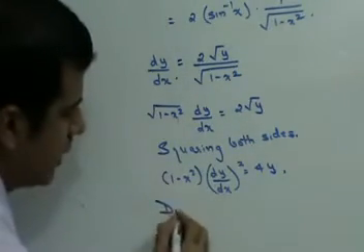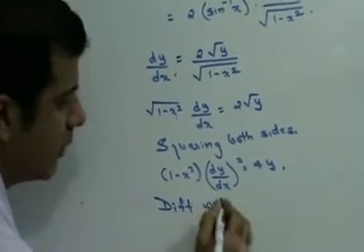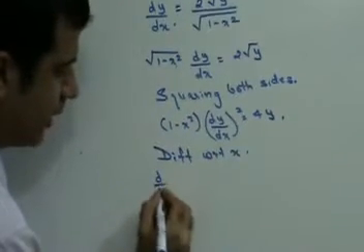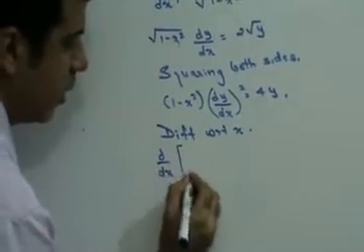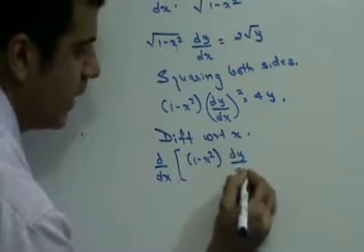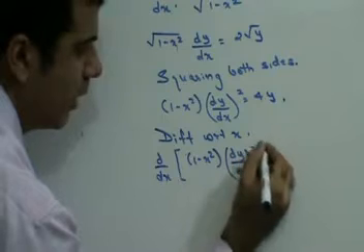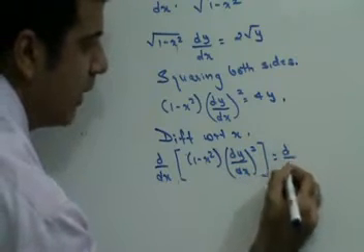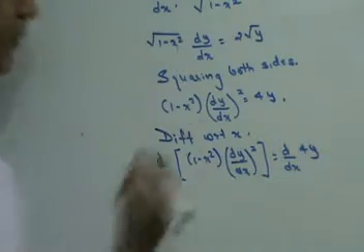Now differentiate this again with respect to x. So you will get d/dx of (1 − x²)(dy/dx)² is equal to d/dx of 4y.